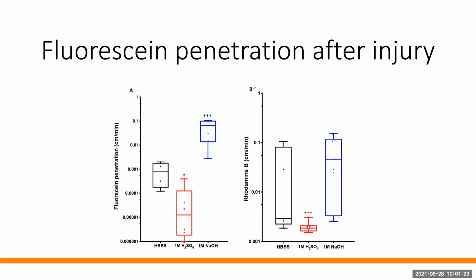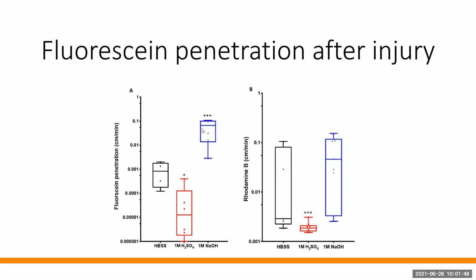So we can then measure that by measuring how much fluorescein and rhodamine get through the cornea after injury. And we find that after acid injury, both fluorescein and rhodamine penetration are reduced compared to the intact eye. Whereas fluorescein penetration, but not so much rhodamine penetration, is increased after alkaline injury. Why would fluorescein be increased and not rhodamine?